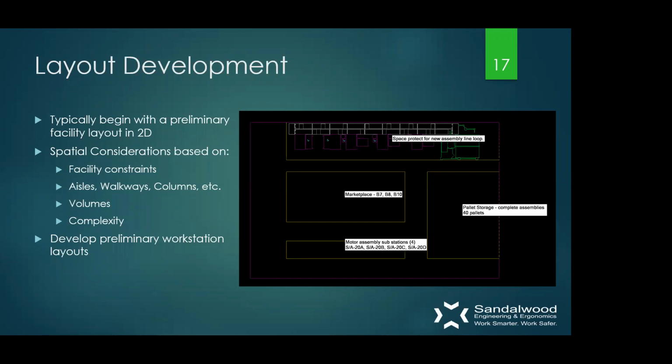And we can actually bring this 2D model into Process Simulate to act as the floor, the carpet, that we then place our 3D resources on top of to develop and optimize our workstation layouts. So using this 2D in conjunction with 3D really enhances our understanding of the process.